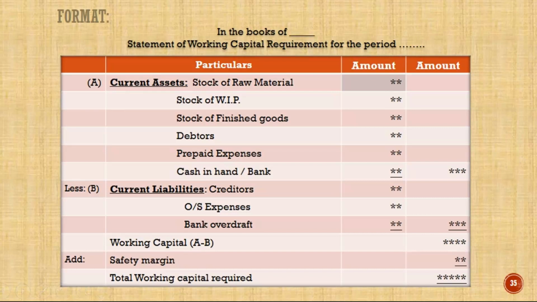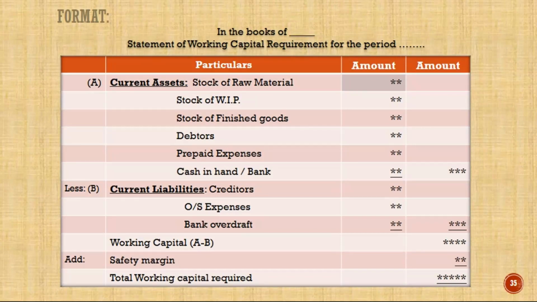Next, some organizations are required to keep a certain additional amount as a safety margin. So that percentage or that amount we have to add into the working capital. By adding the safety margin to our working capital, we get the total working capital requirement, or the estimated working capital requirement of a particular company for a given period of time.